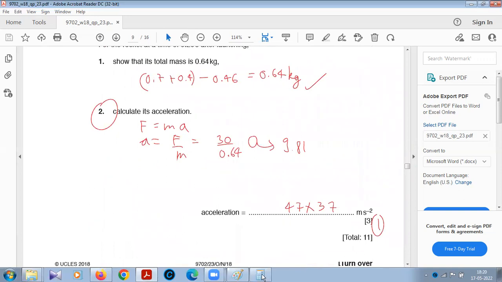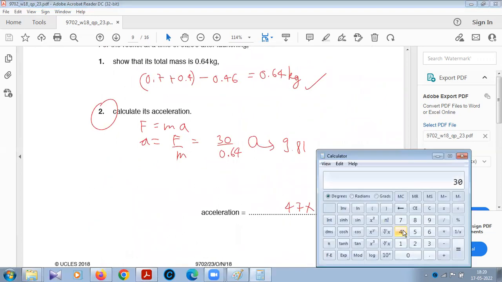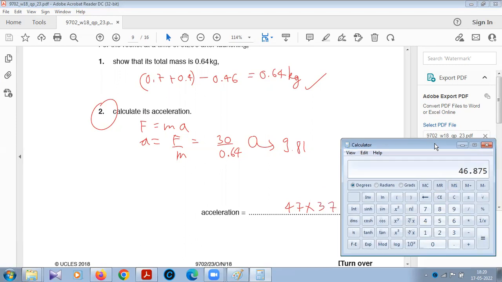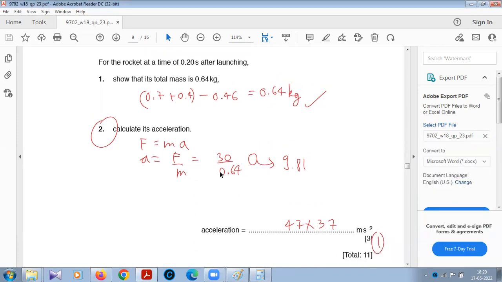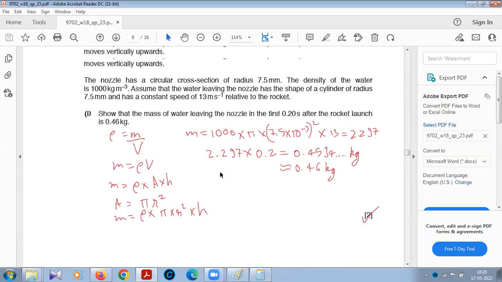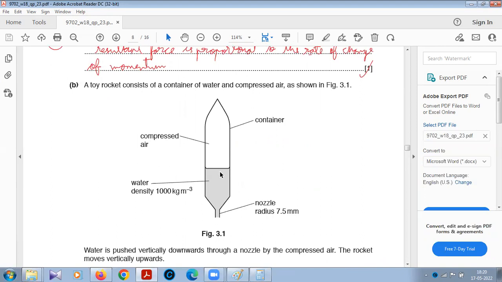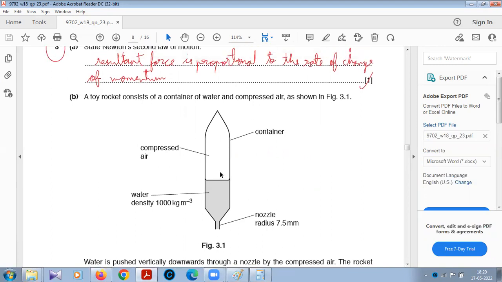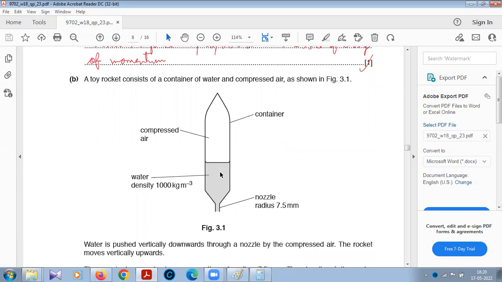So the same thing will come. Force is 30 divided by mass. I think I understand my mistake. Equals ma minus mg, right? No, ma plus mg. Yes, mg, you will have to subtract it.